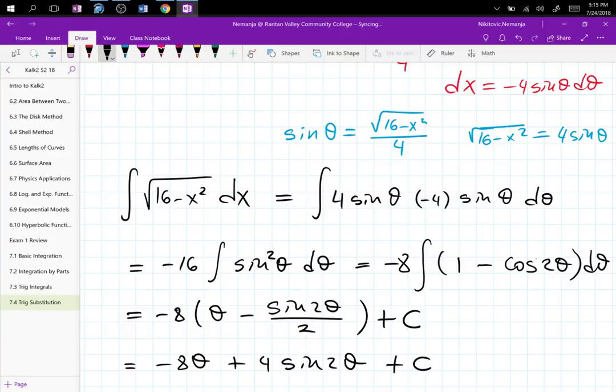Now, no one cares about your theta variables. That was you. You had to go and figure something out to solve the problem. The answer must be in terms of x, right? And you have your answer in terms of theta. You are not done. Now you have to convert back.